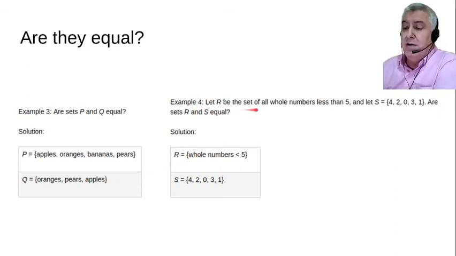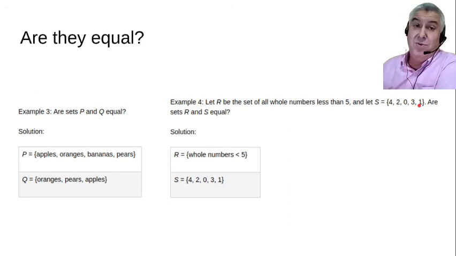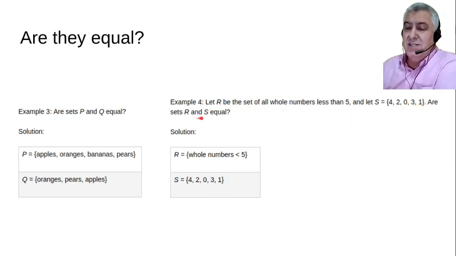So this one is a little bit more difficult. Let R be the set of all whole numbers less than 5, and let S equal 4, 2, 0, 3, and 1, which is out of order. Are sets R and S equal? Whole numbers less than 5, so it's less than 5, and it's not including 5, right? And whole numbers start at 0.